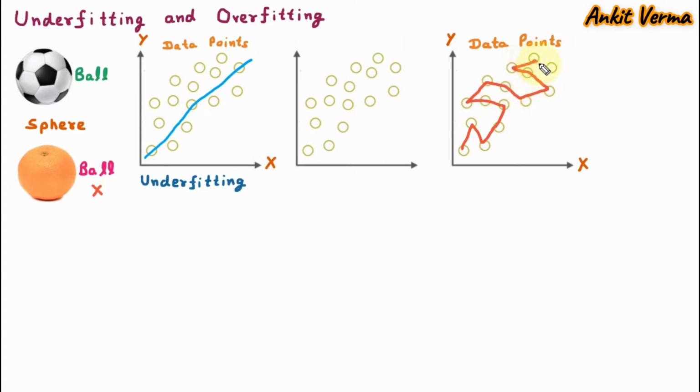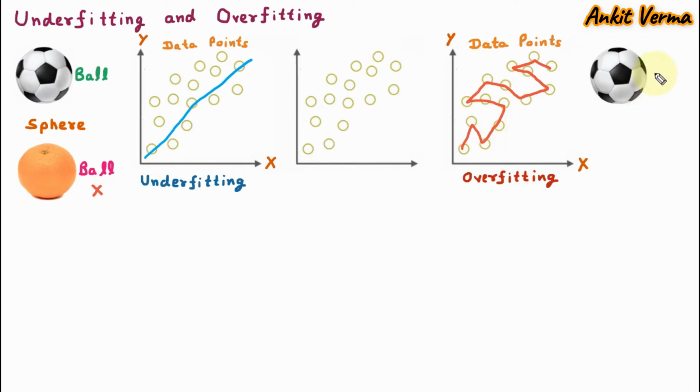This is called overfitting. The meaning is that we have certain data points and we are trying to cover all the data points. We want to achieve complete accuracy, and to achieve that, the model is becoming more complex. This is called overfitting.